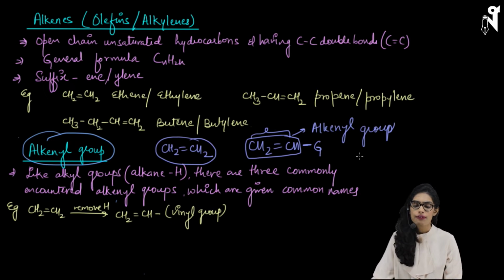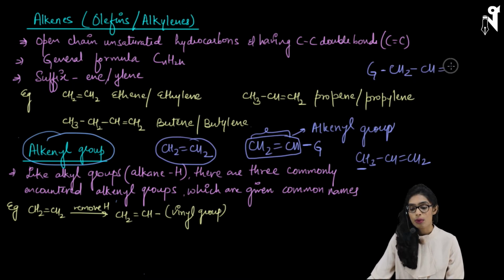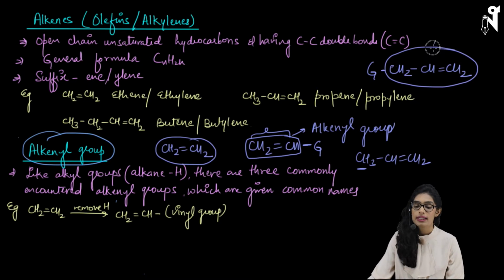Or let's say if I write CH3 CH double bond CH2, this is my chain, and I choose to remove a hydrogen from here, and I write it as CH2 group over here, CH double bond CH2, then also this will be called an alkenyl group.